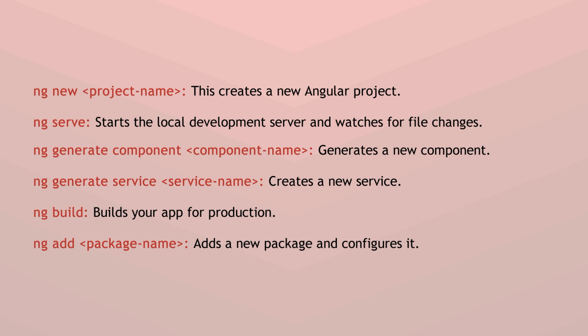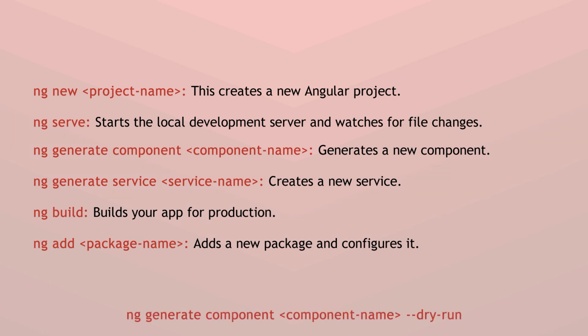Basically this is used to install and configure third-party libraries or packages in your Angular project with a single command. It not only adds the package to your node modules, but also automatically sets up any necessary configurations, files, or dependencies specific to the package.